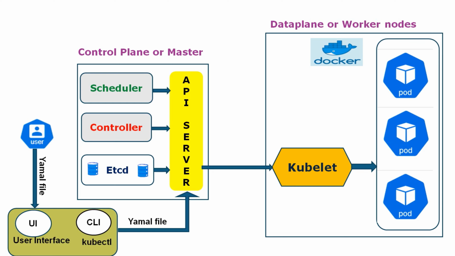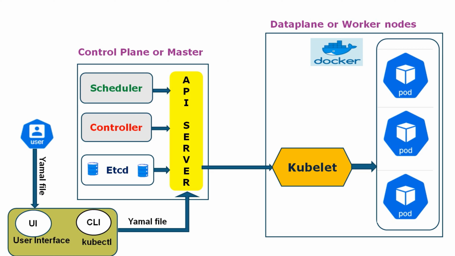Same way, now the container is running. Now the controller's duty is to continuously check your desired state against the actual state. So it will check the etcd for your desired state, and with the help of kubelet it will try to know the actual state.